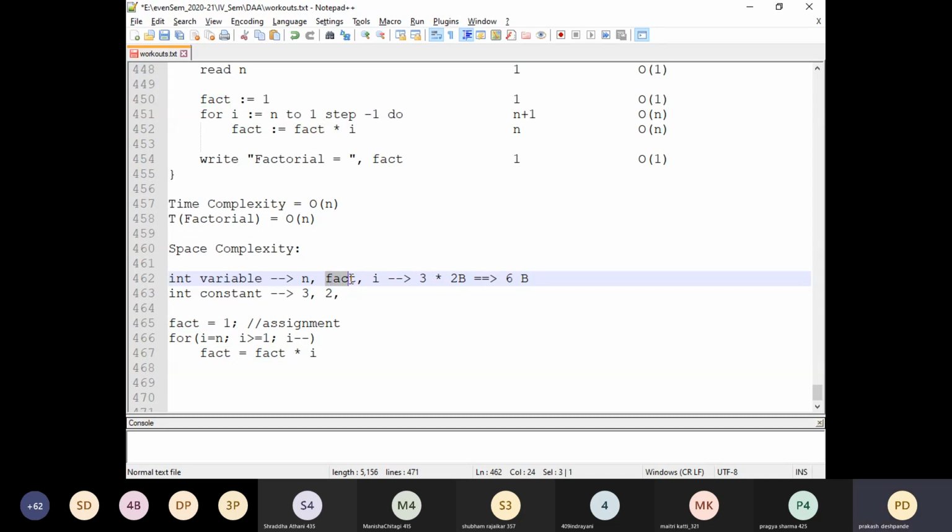We have already calculated the memory for this particular fact variable. Now what is happening in this statement? In this memory, we are putting some value, that is 1 here. Means this 1 is not a constant.